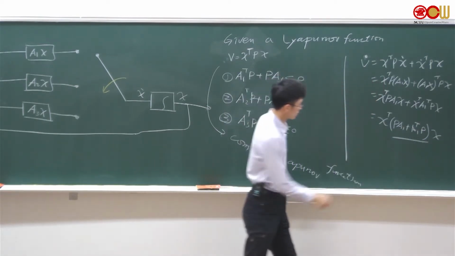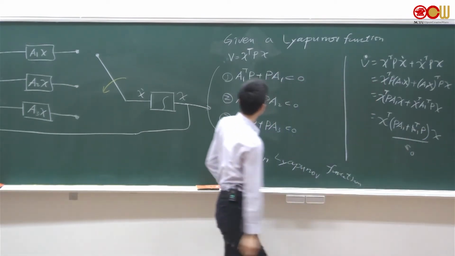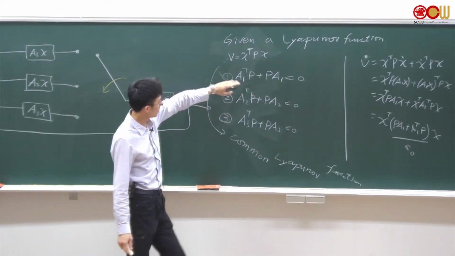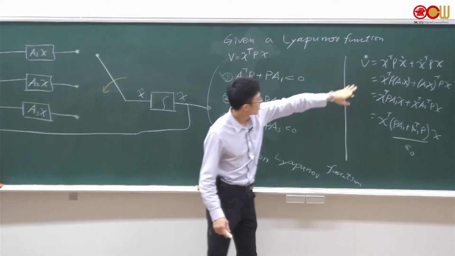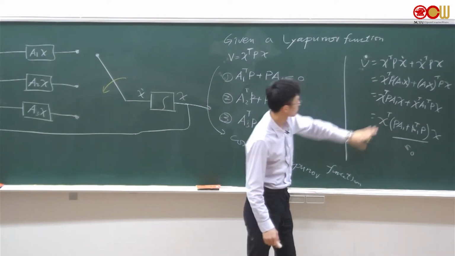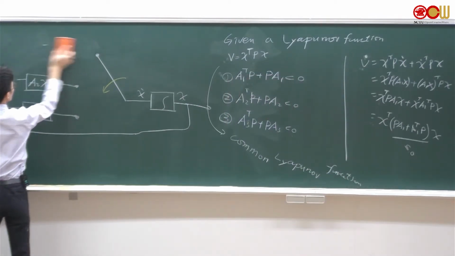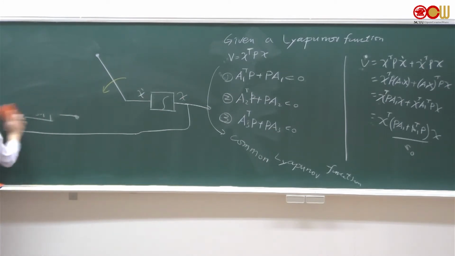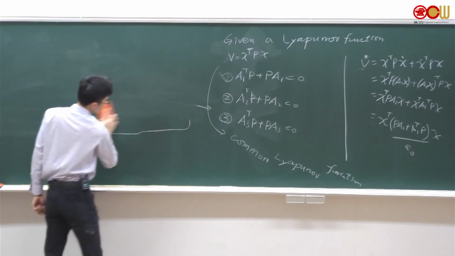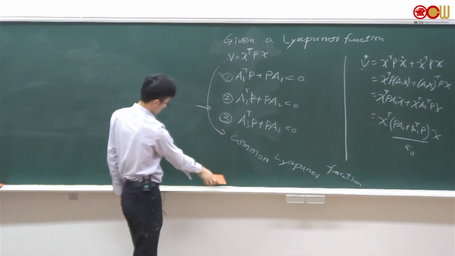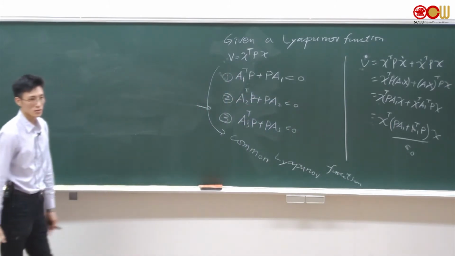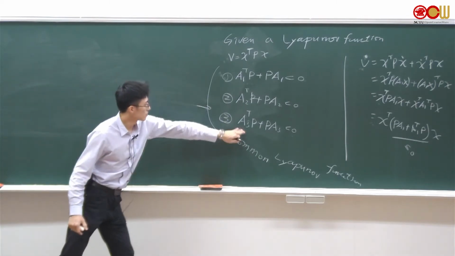So if this part is negative definite, which is the first condition, then V dot will be negative definite, at least for the first subsystem. And you can expect that if you substitute the dynamics of the second system, A2x, V dot will still be negative definite. Same as the third subsystem.